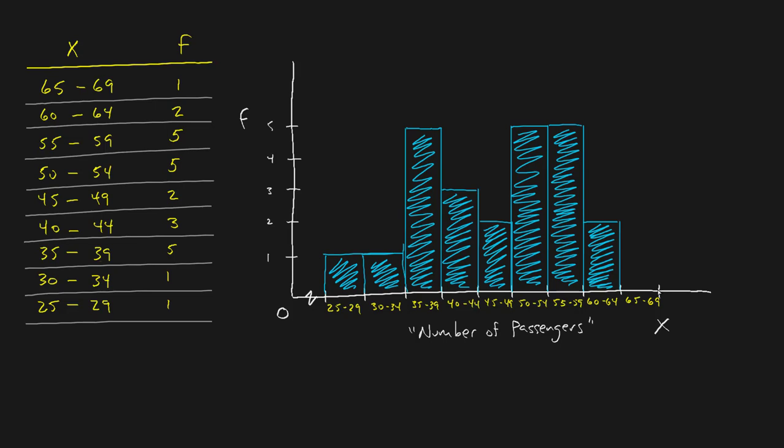And the very last category, 65 to 69, that one is a 1. And so that's it. We've got our histogram. We've got everything labeled. There are no spaces in between the categories. And so we're done.